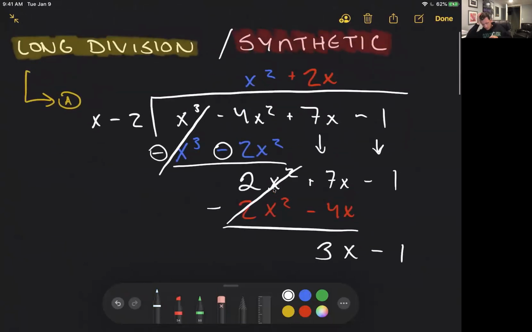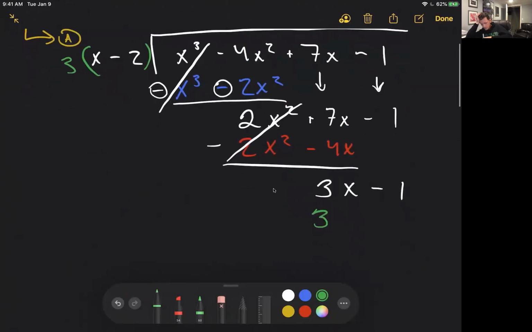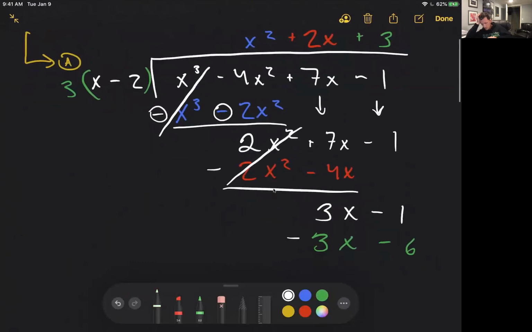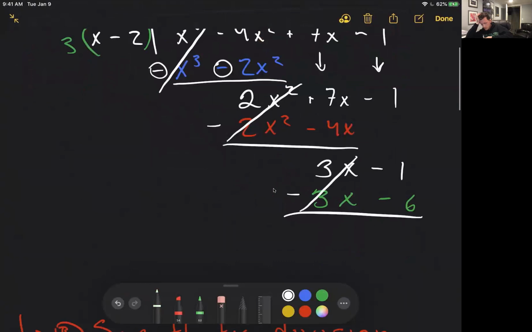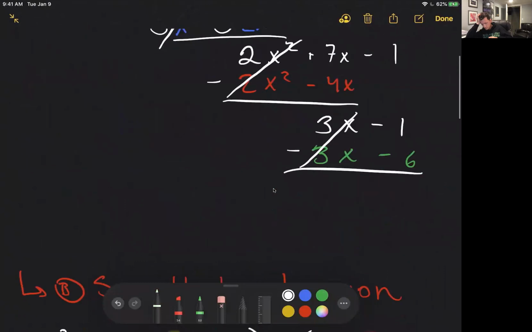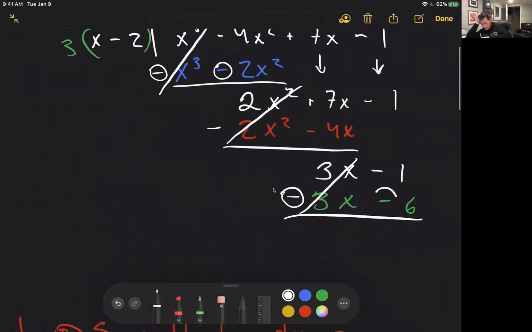So now, what do we have to multiply by? We have to multiply by 3, which again gives me what I wanted. So that makes me feel better. So plus 3. That gives me 3x minus 6. We go ahead and do that. These eliminate, and then minus minus turns to plus.